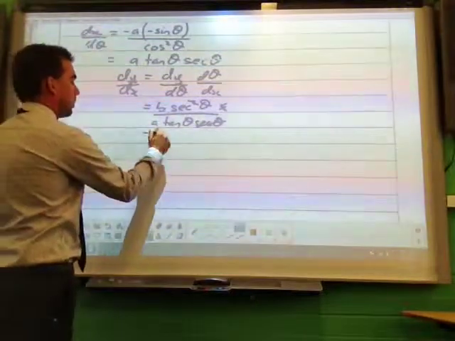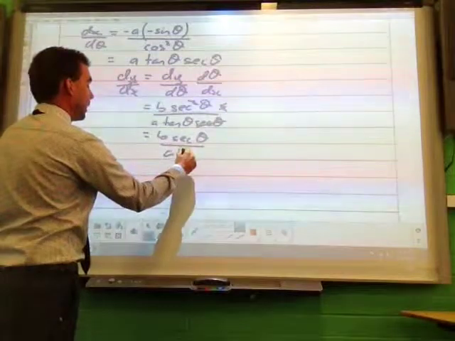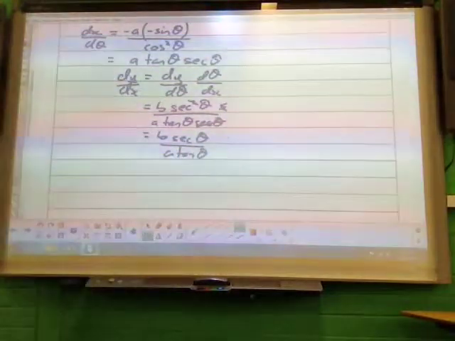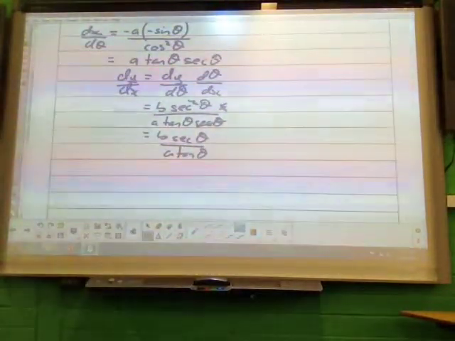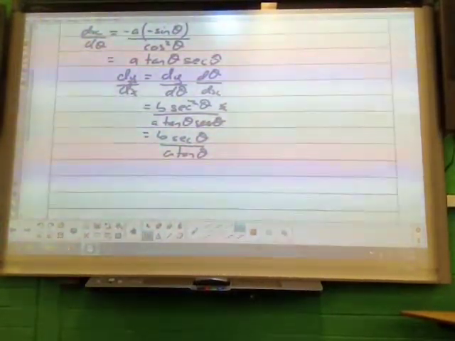So we've got b sec theta over a tan theta as the gradient of the tangent at any point on your hyperbola in parametric form.